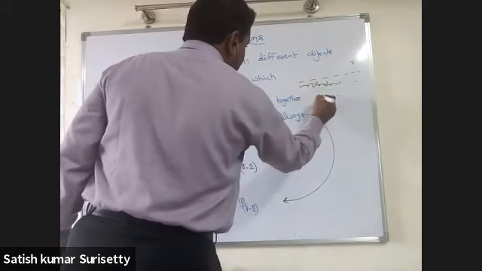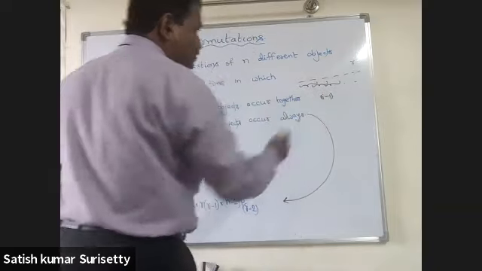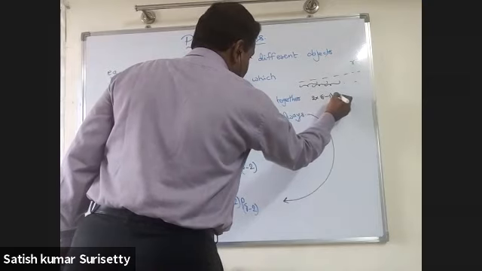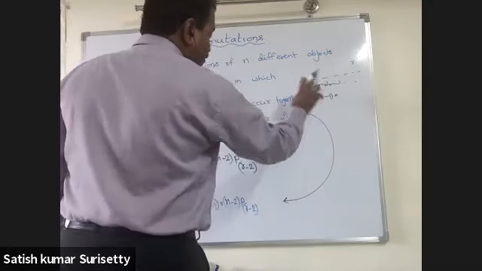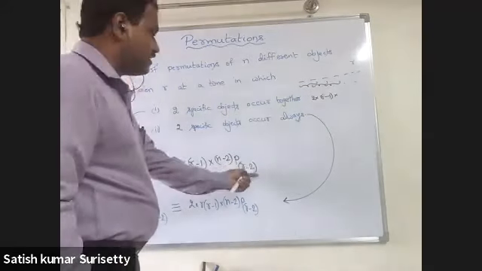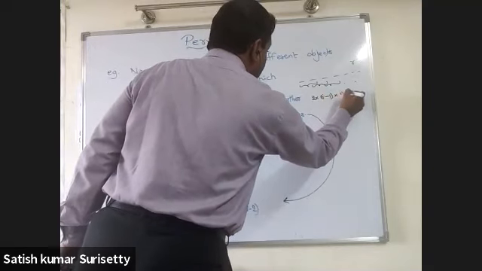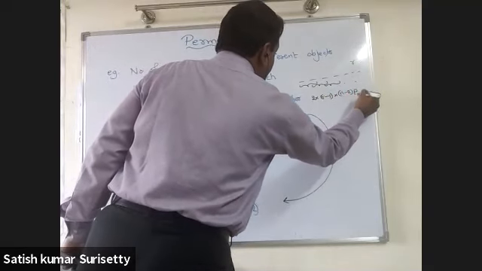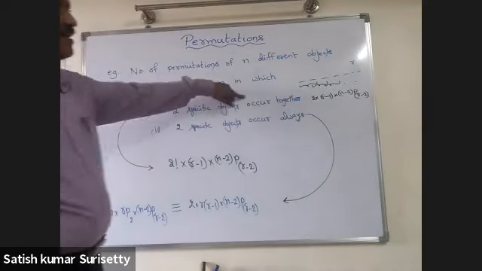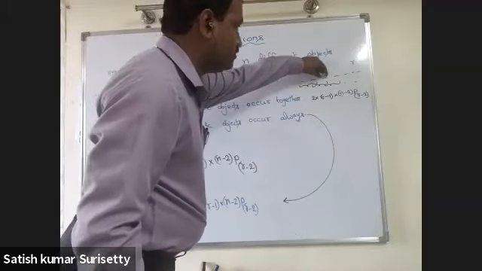That means the possibilities are r minus 1, and the objects can be interchanged also. So 2 into r minus 1. Now after filling those two objects, the remaining you have to fill is r minus 2 from n minus 2. That's why it is 2 into r minus 1 into n minus 2 P r minus 2. That is the first bit: two specific objects occur together, because occurring together means consecutive, and they can be interchanged.